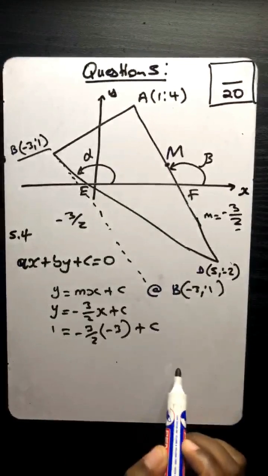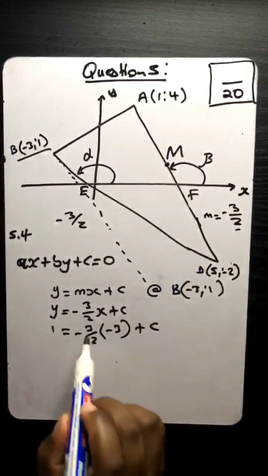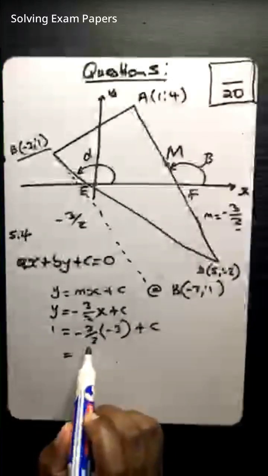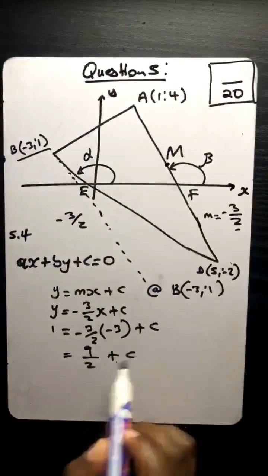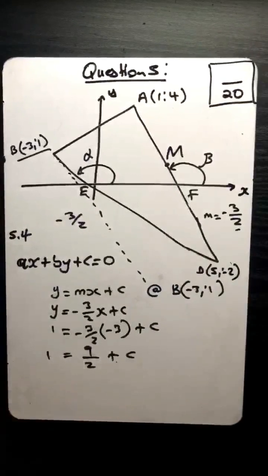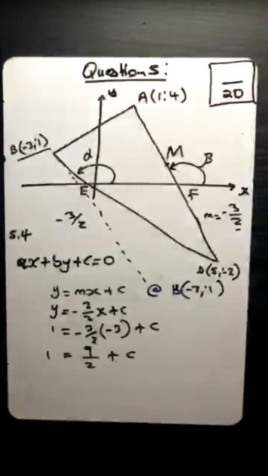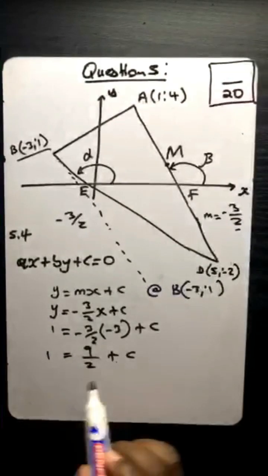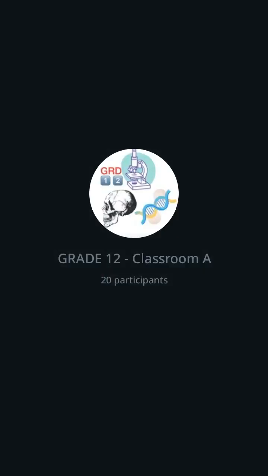That times that is positive, and 3 times 3 is 9, so it's 9 over 2. We still have the plus c. What is 1 minus 9 over 2? We get a negative value. So c is actually negative 7 over 2.